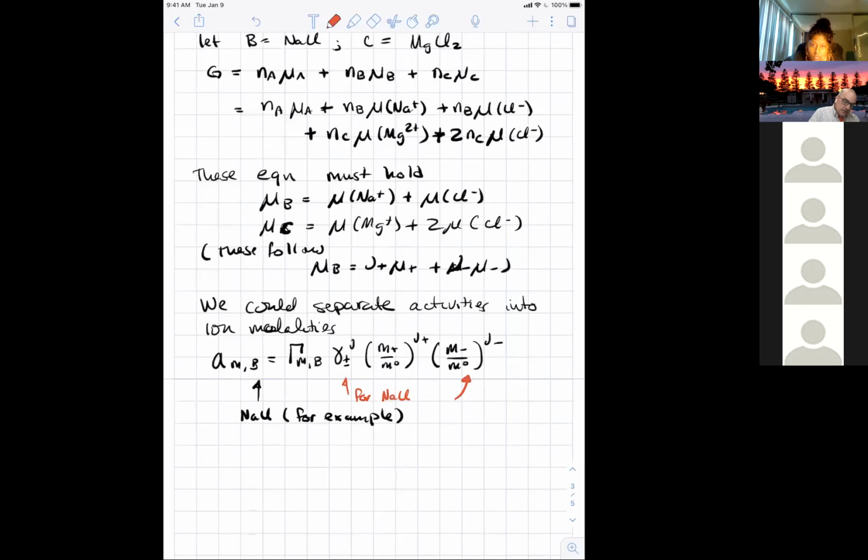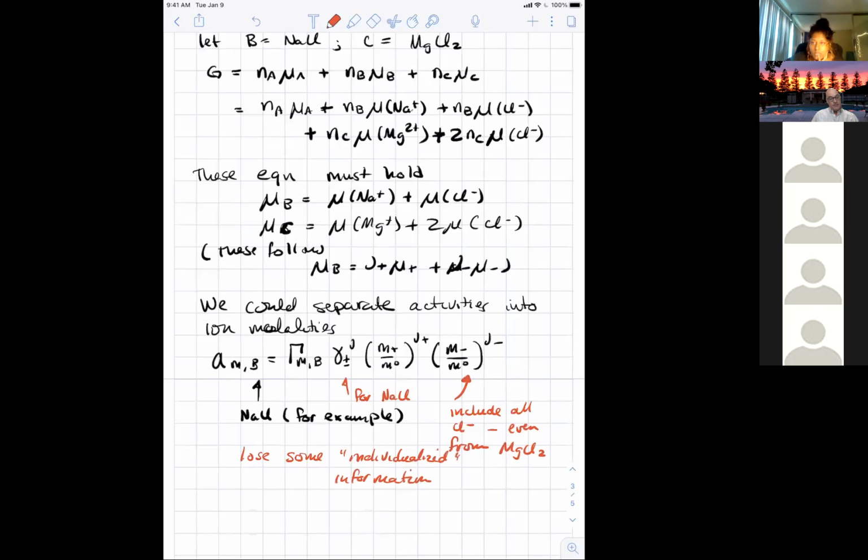But this is going to include all the chloride, even from the magnesium chloride. So we get this kind of crosstalk between the ions, and it's not really a problem, but we have to realize that in a sense we lose some individualized information.